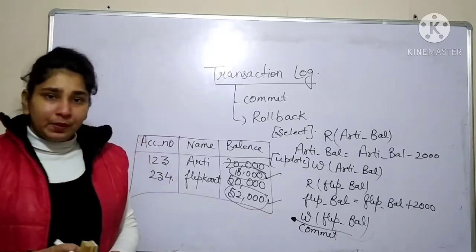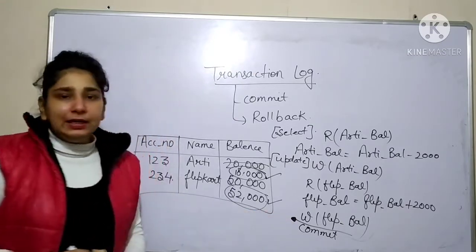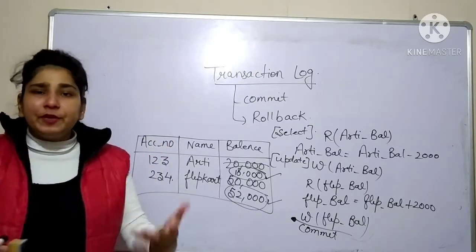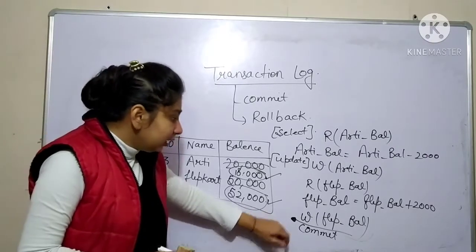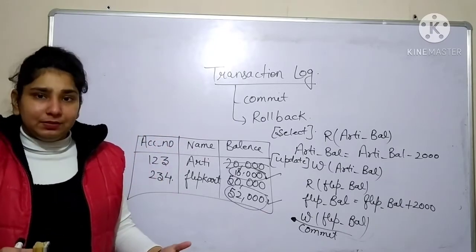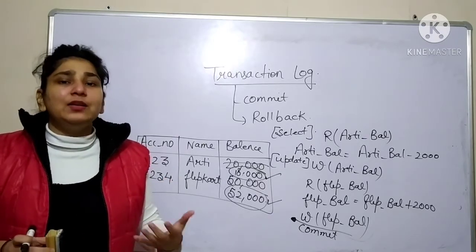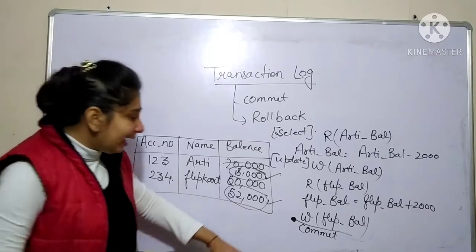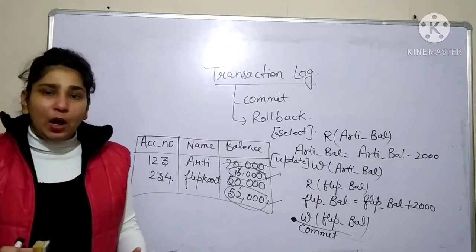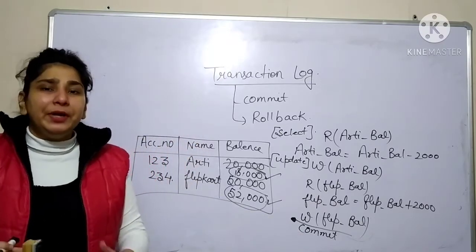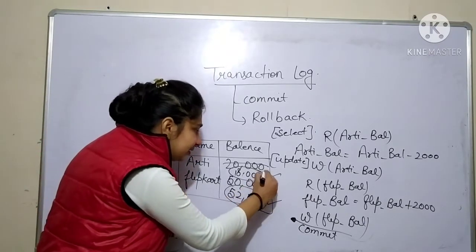And let's suppose that we get some kind of failure, any power failure or any other failure. So what would happen? For the successful execution of any transaction, it is very important that you execute the commit operation. But till now we have not executed the commit operation of this transaction. You have made changes in your database.